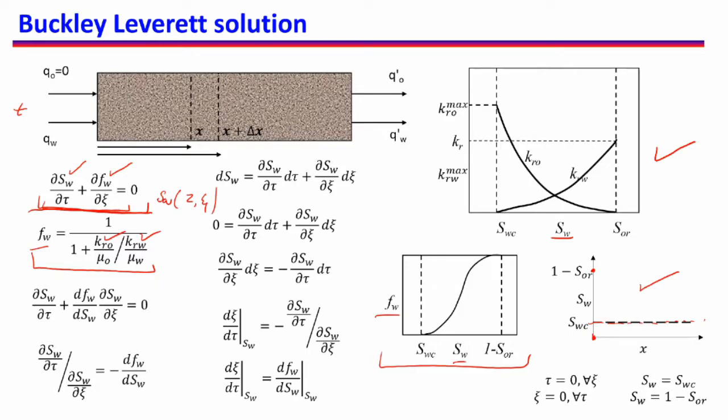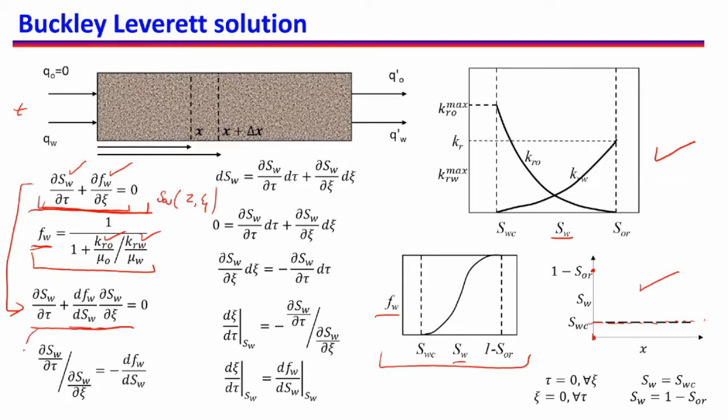I am writing this governing equation in a different way here because now we know that FW is only a function of SW, so we can write del FW by del xi as dFW by dSW multiplied by del SW by del xi using the chain rule.